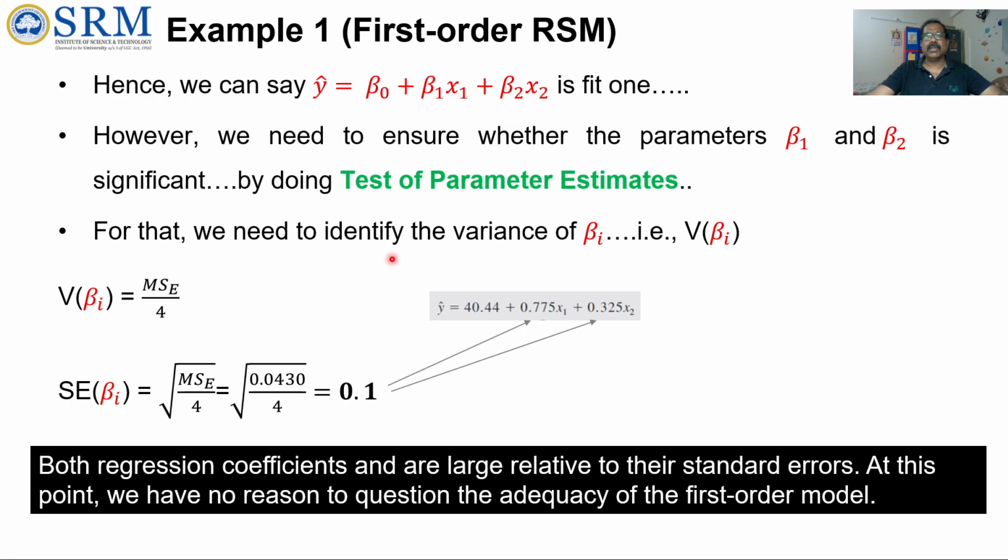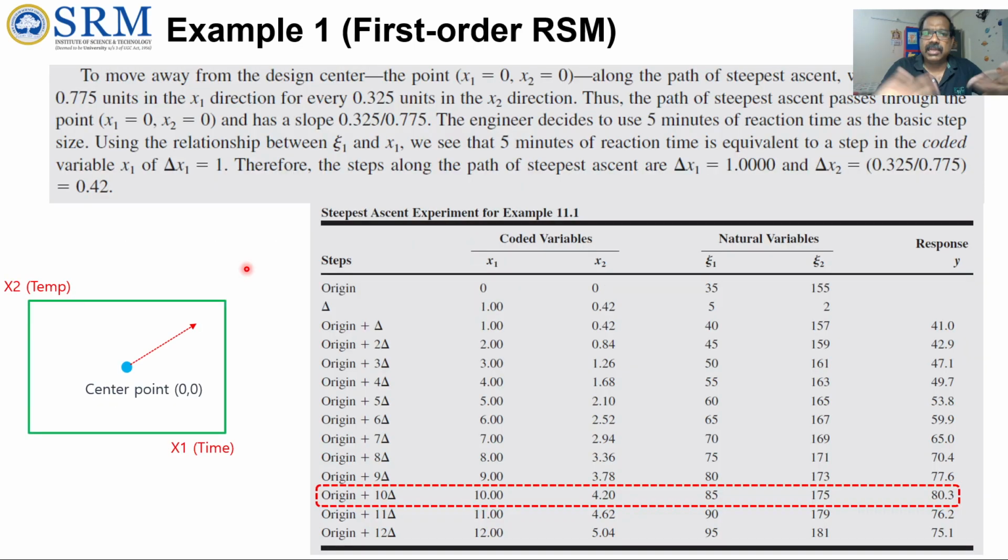Once we understand the first order model is acceptable, maybe we need to go for optimization, or find the next level to improve the surface and improve the responses. In that case, to move away from the design center from this point, we need to go with the steepest ascent. As I said, the current operating condition is coded.